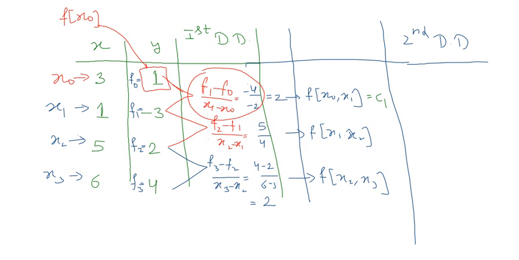C0 is already calculated, that is f of x0, and C1 has been calculated. For calculating C2, you have to calculate the second divided difference, f of x0 comma x1 comma x2. Again you use these two values and get a value here, and calculate one more.